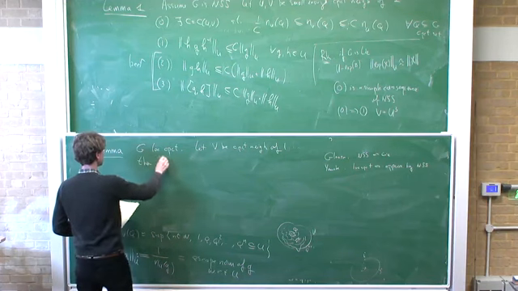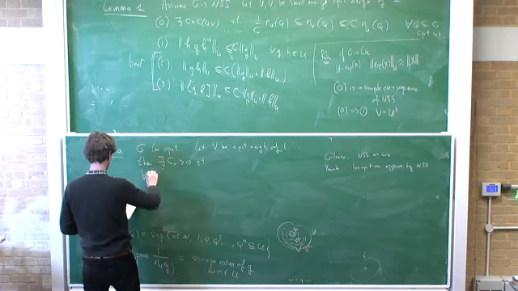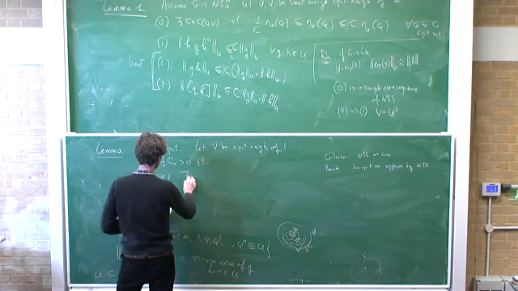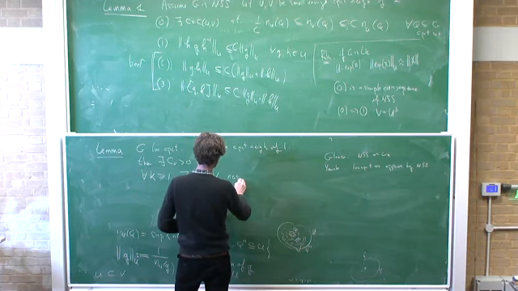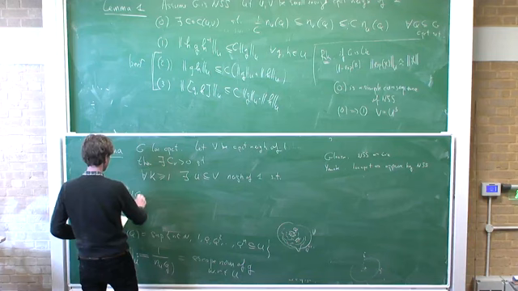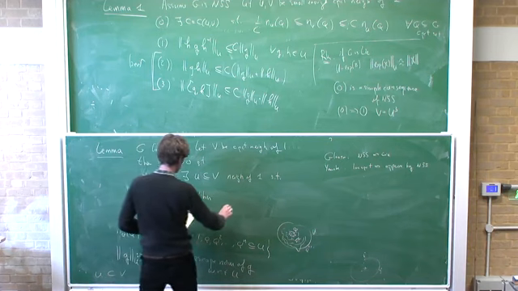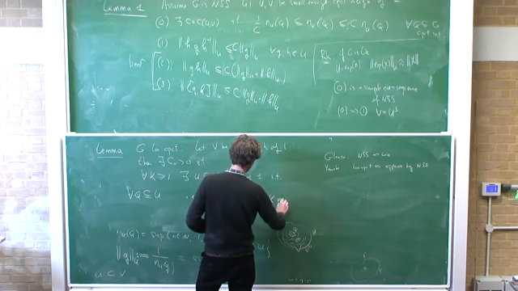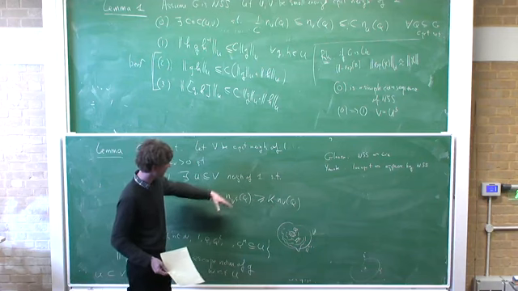Then there exists some constant C_V such that for every number K, there exists U in V, a neighborhood of 1, such that for every subset Q in V, either N_V^4 of Q is bigger than K times N_V of Q. So K, think of it as very large.